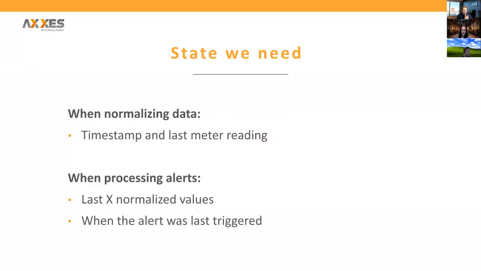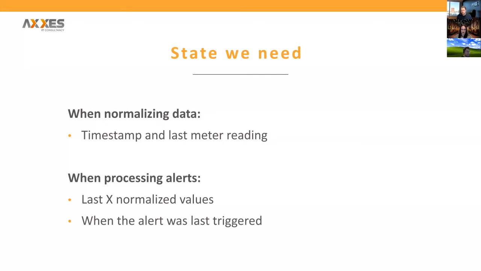Well, for instance, when you are normalizing your data, you will need the timestamp and the last meter reading that you were using in order to be able to calculate your next bucket. And that's something that you're going to need to do your gap filling as well. And when you have configured some alerts that trigger after a bunch of time, you're going to need the last so many normalized values to be able to tell if this alert condition has been triggered.